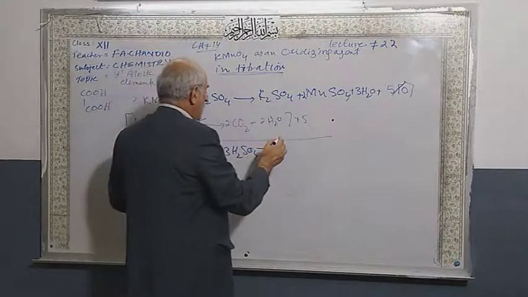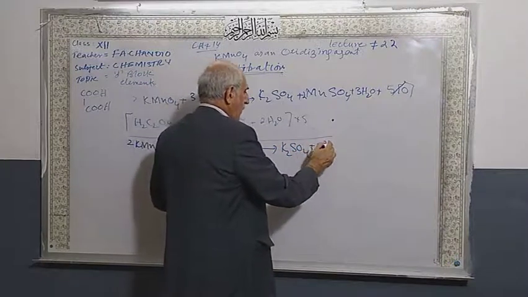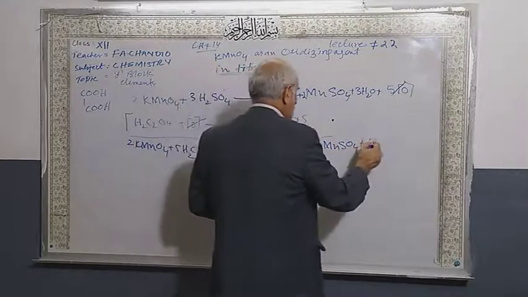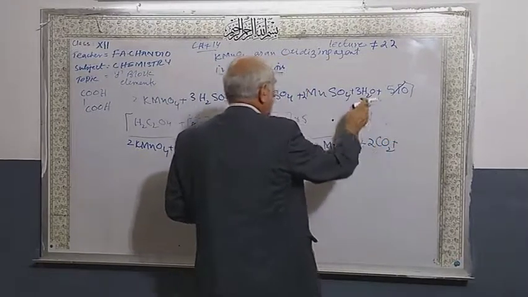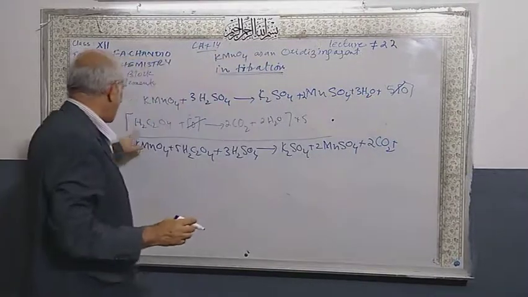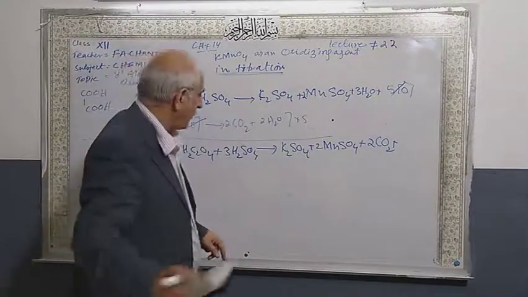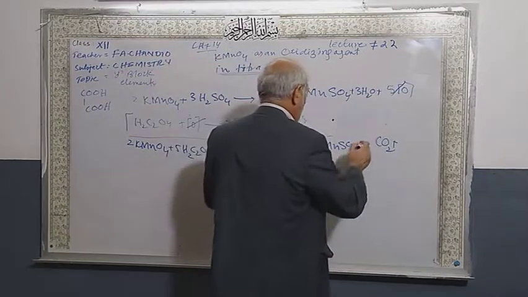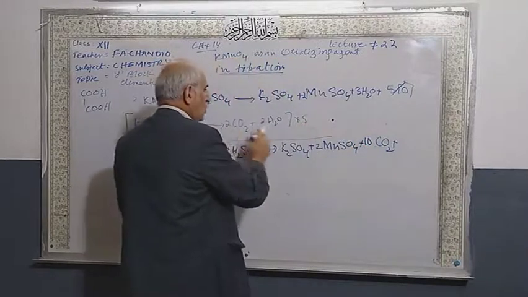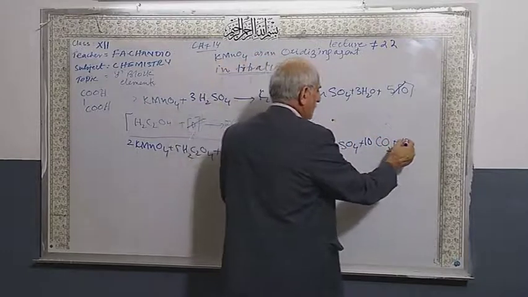On the product side, you are seeing potassium sulfate and 2 moles of manganese sulfate, plus carbon dioxide gas. Oxalic acid is 5 moles, and the carbon dioxide gas is 2 multiplied by 5, so there are 10 moles of carbon dioxide gas, and water is 5 multiplied by 3.